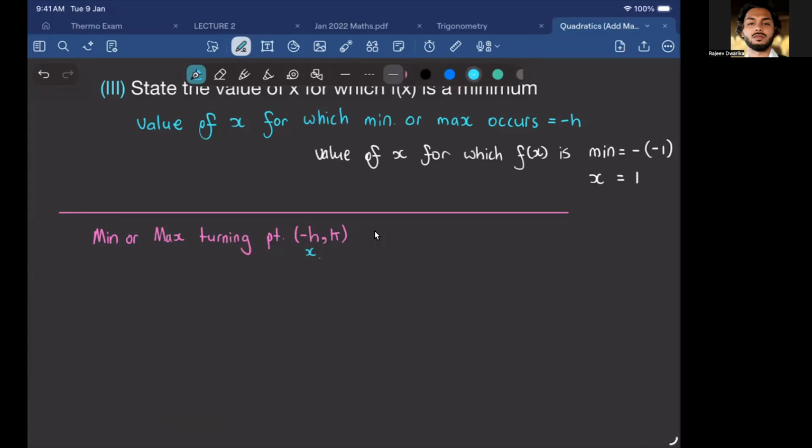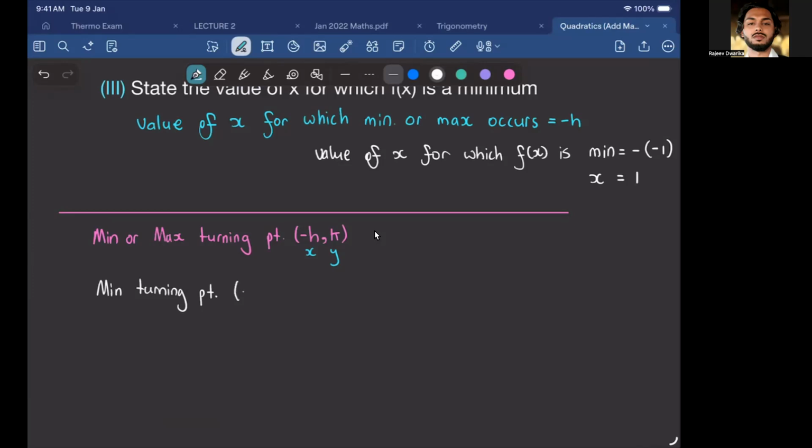Y value, great. Now, in our graph, the coefficient of x squared was positive, so we had a minimum graph. Keep that in mind. So we would actually have a minimum turning point. All right, guys, let's calculate the minimum turning point.